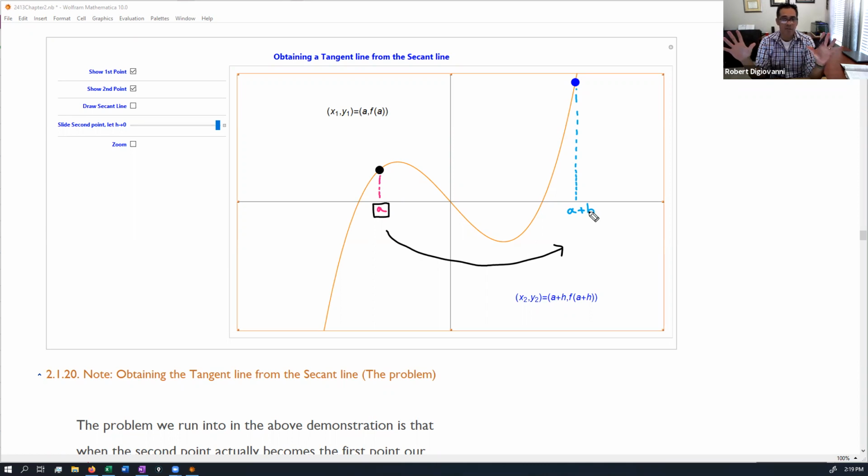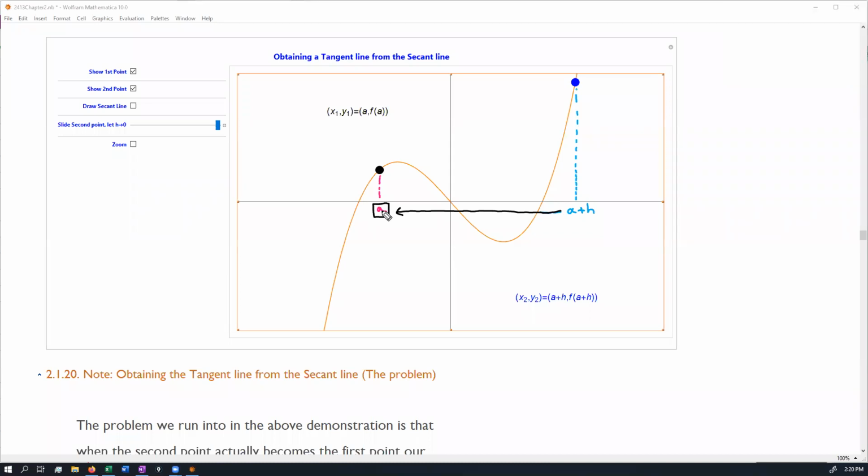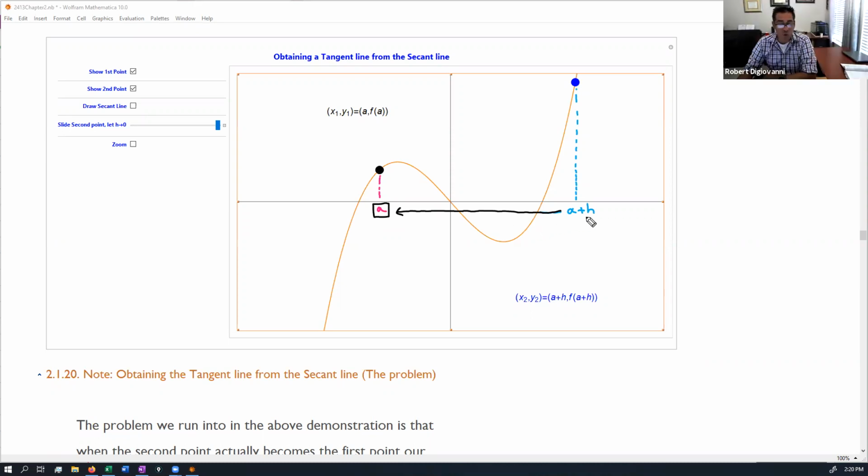Same idea though. I'd like to now see about moving this over here. So how am I going to make A plus H turn into A? You subtract H. Subtract H, or just think about what happens as you move over. Isn't H getting smaller?